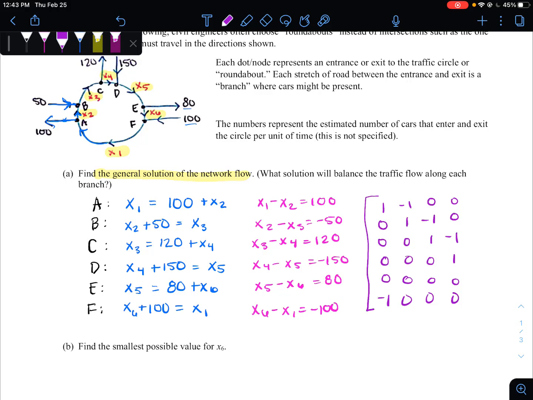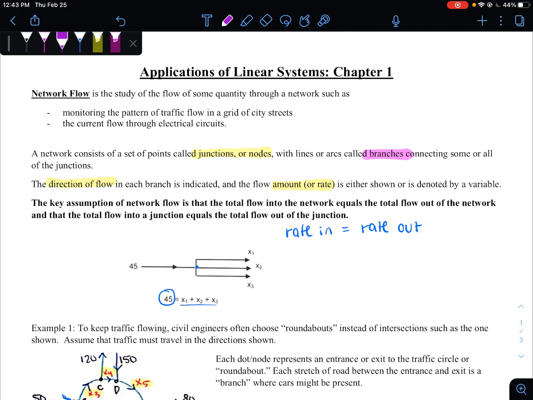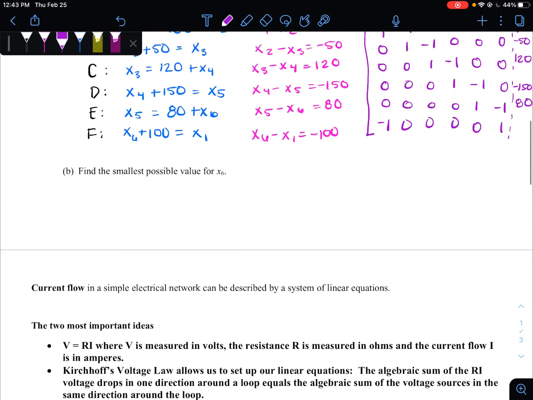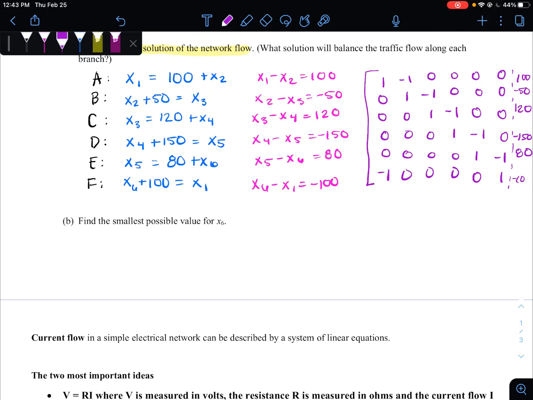We're getting some kind of upper triangular matrix-ish. Then x5 and x6. I didn't leave enough room for it, but we want the augmented part to be the constants: 100, negative 50, 120, negative 150, 80, negative 100.